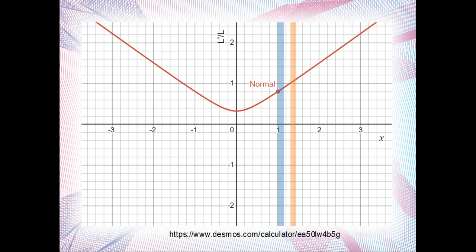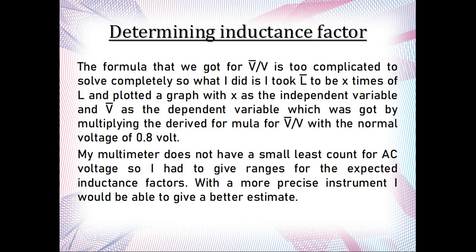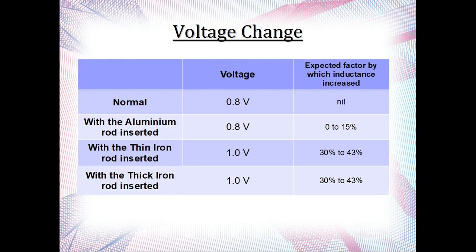So that is why I cannot give a perfect estimate of the factor by which the inductance increases, due to the broad range as given by the blue and orange ranges. Thus, the expected factor by which it increases is given as 0 to 15% and 30 to 43%.